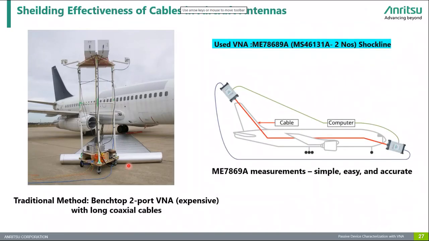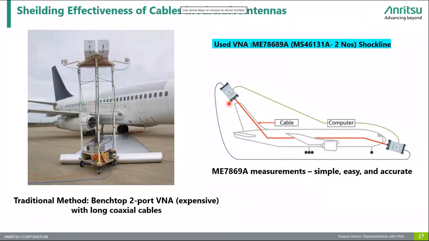On the right, we have a modern, more efficient solution using the Anritsu ME7869 system, which includes two MS46131A ShockLine VNAs. This setup is modular, lightweight, and highly portable, making it ideal for testing inside aircraft frames.